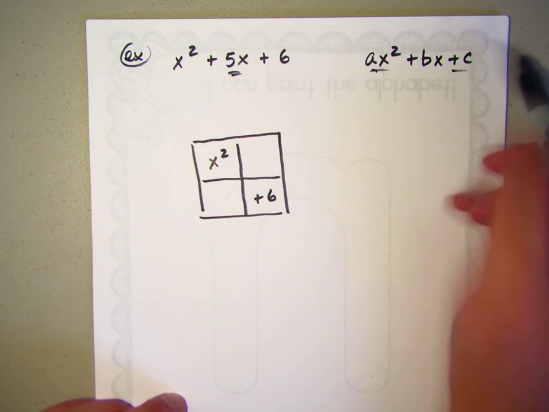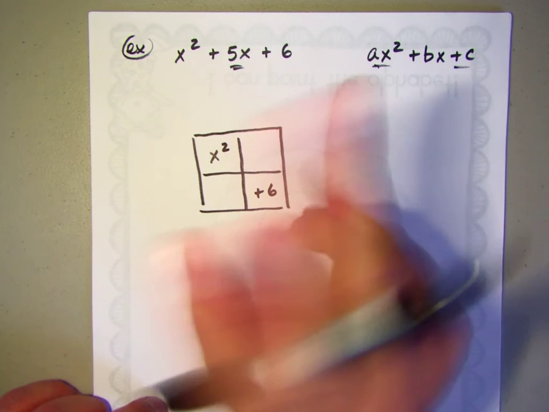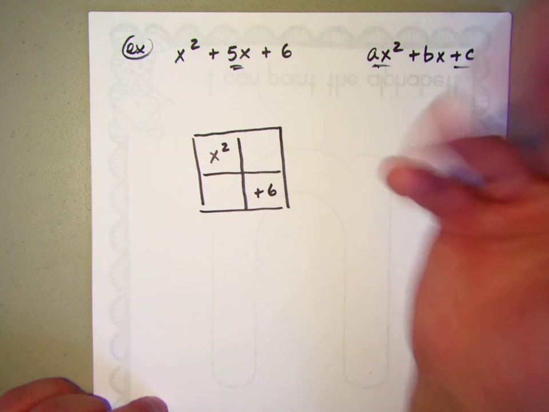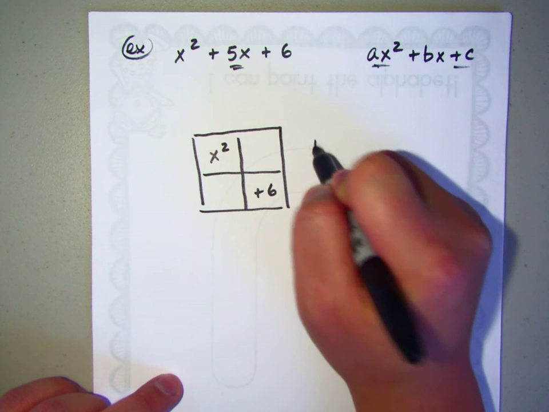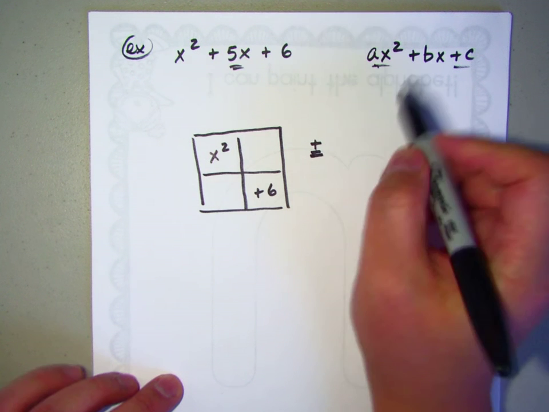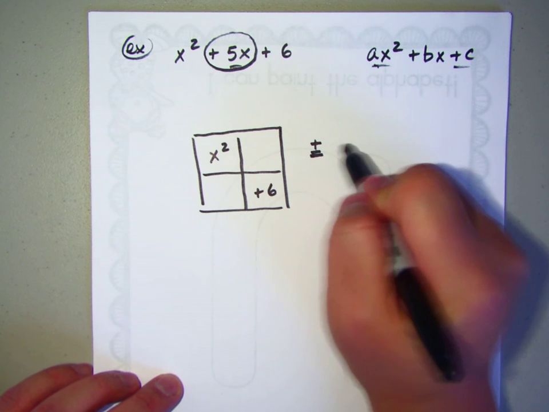So you need to think of two numbers, you can call them magic numbers, but they have to make something true. You have to find two numbers that when you add them together, they will equal the middle or the linear term. So find two numbers that add to get positive 5x.